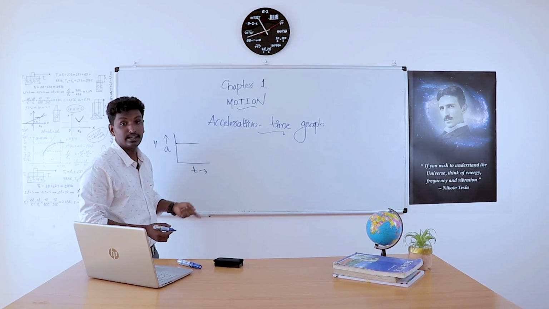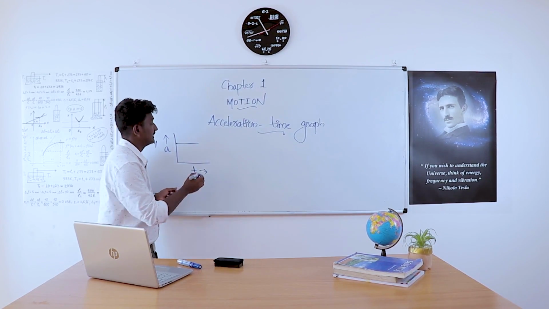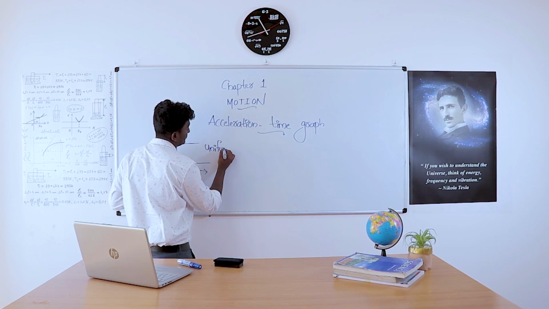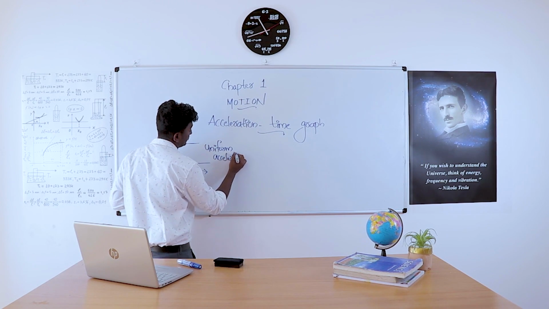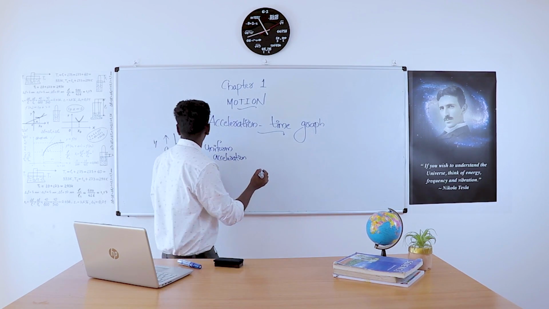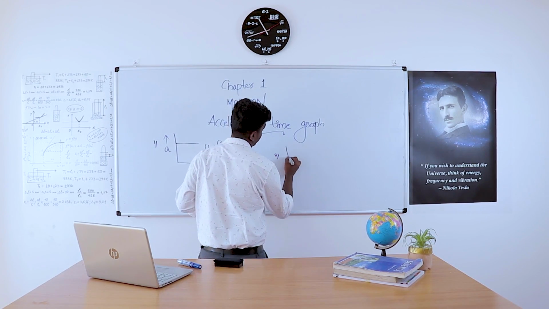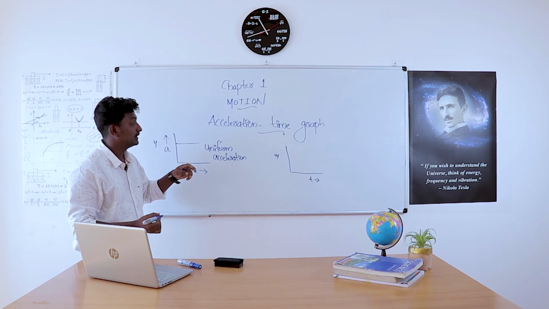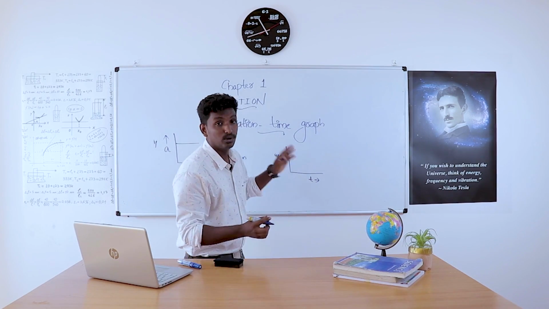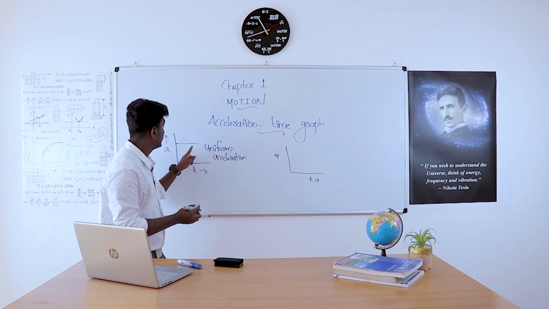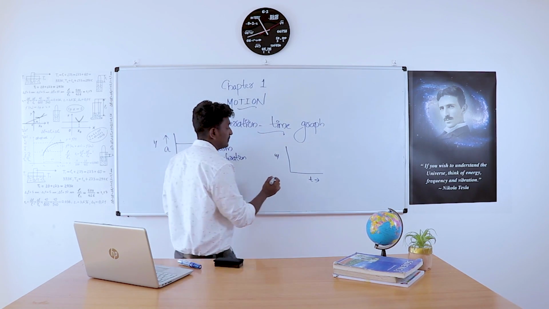In the y-axis, we are representing acceleration. Therefore, we can say that the nature of the graph is uniform acceleration. A graph other than this type, like starting from origin or a curve or a decreasing or increasing one, any type other than this is non-uniform acceleration.